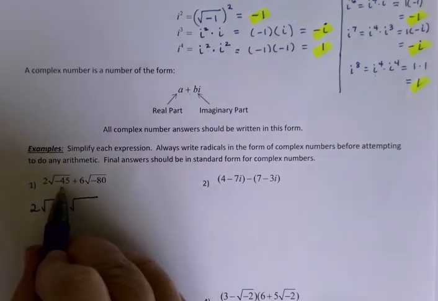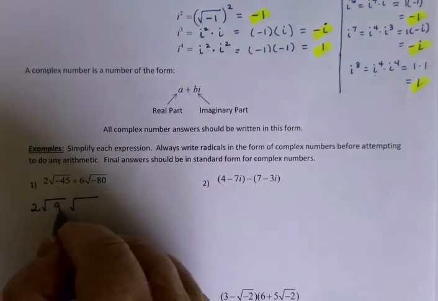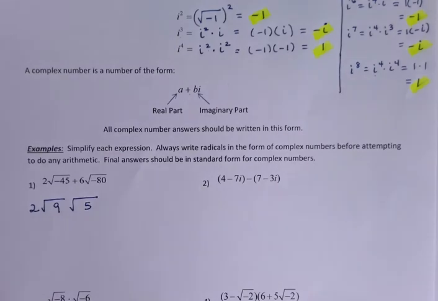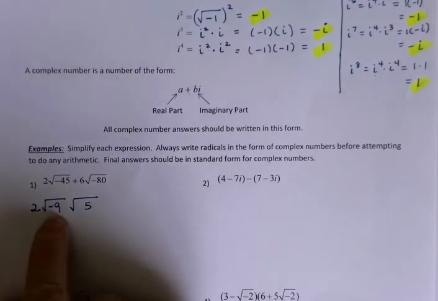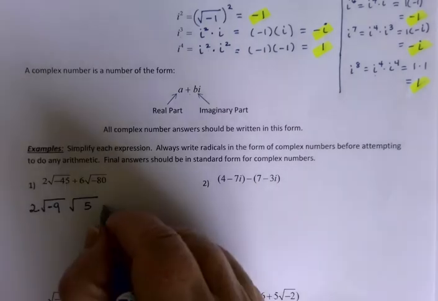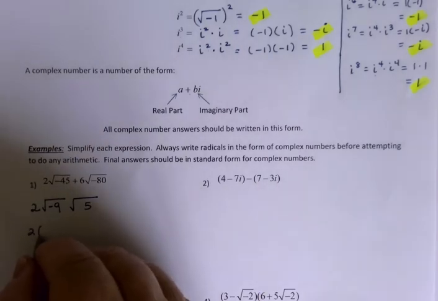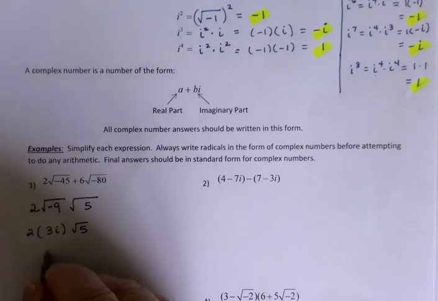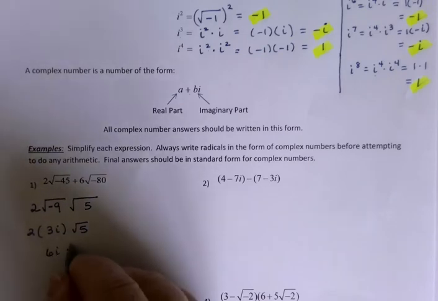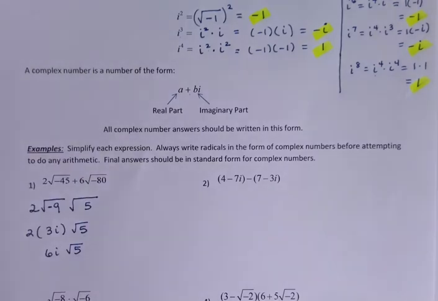I'm going to go with 9 times 5 to break that down. And I'm going to put the negative on the 9, because that way when I take the square root, it's just going to be a 3i. So the first part I have 6i times the square root of 5.